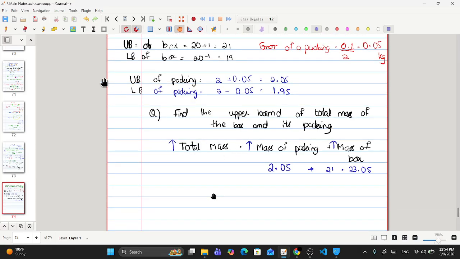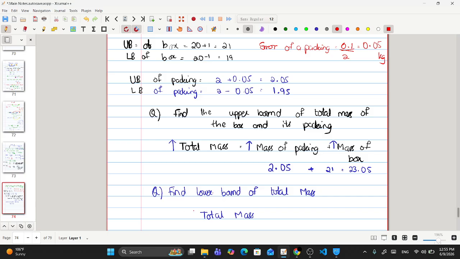Now think about this logically. If you were to find, let's say, the lower bound of the total mass, this is another question, and it says find the lower bound of total mass. Then that just means you add 19 and 1.95. That would be the correct approach.